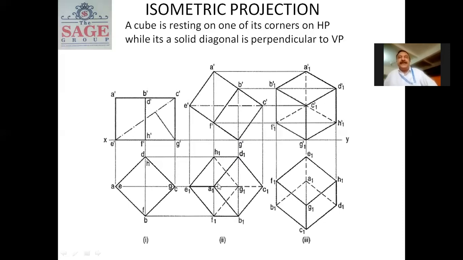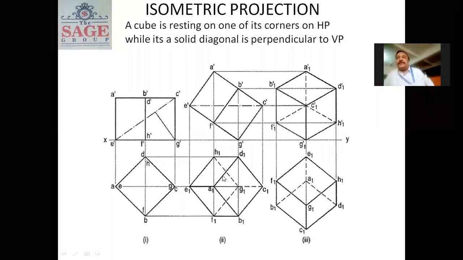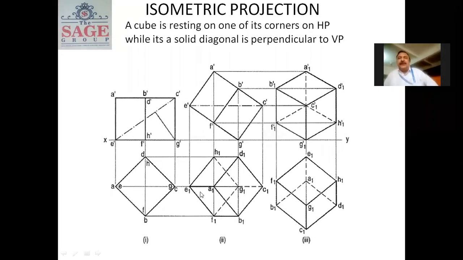So when the axis is parallel to VP, finally we have to draw it perpendicular. So we just rotate this view 90 degrees. So we get the axis perpendicular to VP.